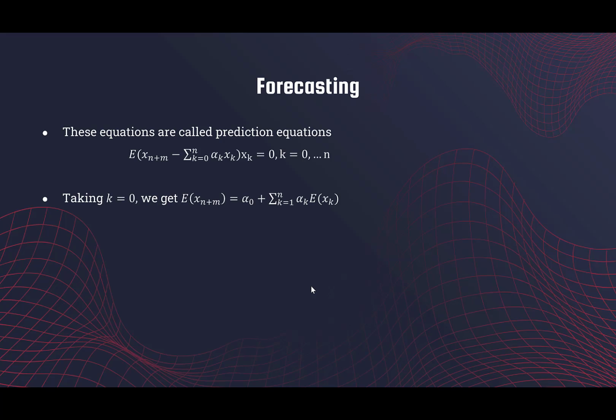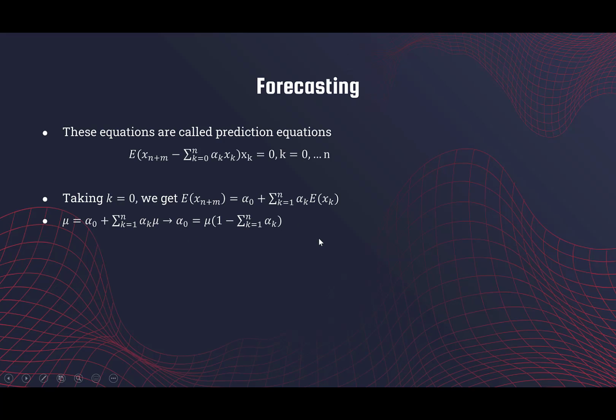And if we plug in k equal to 0, then this is what we get, right? So remember x naught is equal to 1. So this is the equation. And now suppose the expected value of this time series is mu. So this is mu, this is alpha naught, expectation of x is mu again. And then we combine these terms that have mu, and we can rewrite it this way.